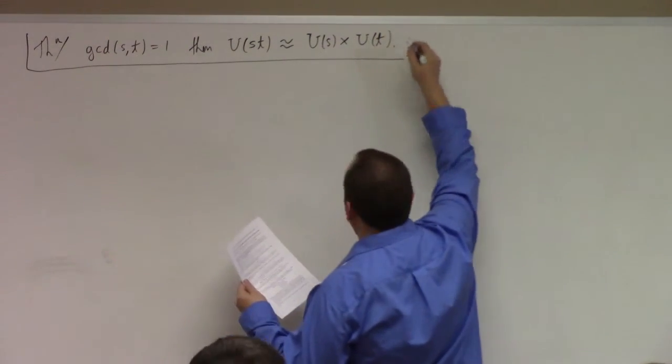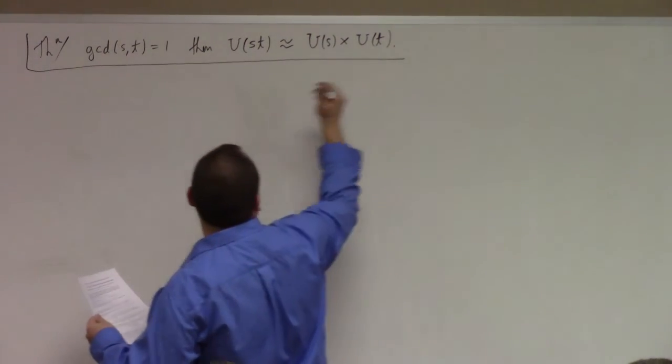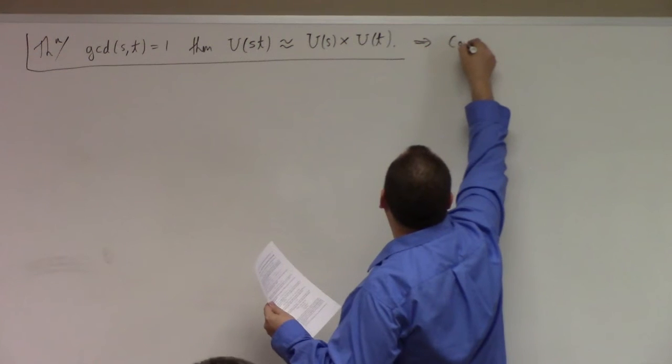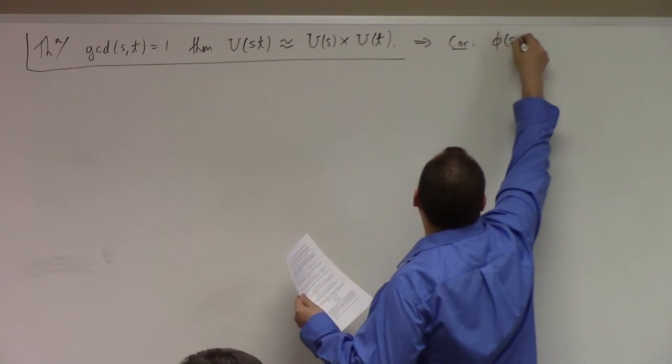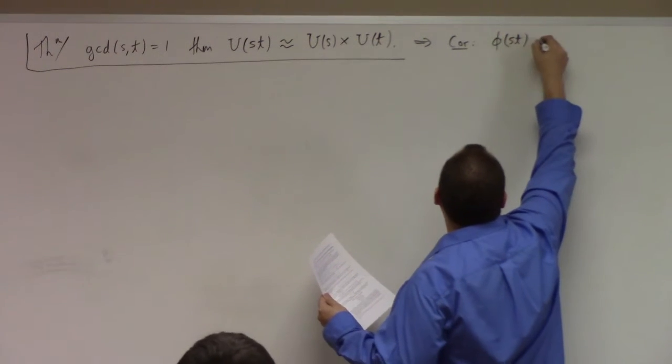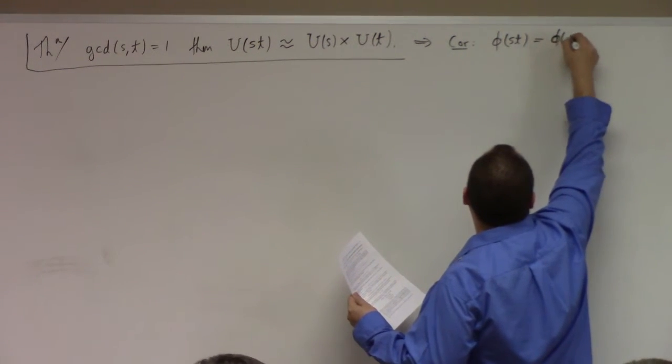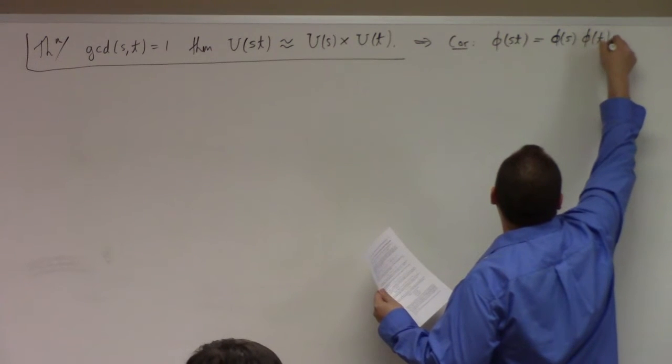Right? And so, of course, an immediate corollary to this, right? What's the corollary? The Euler phi function of st for relatively prime s and t is equal to the Euler phi function of s times the Euler phi function of t, right?